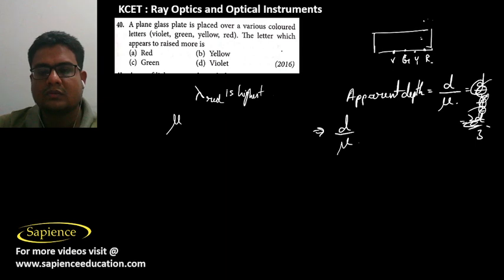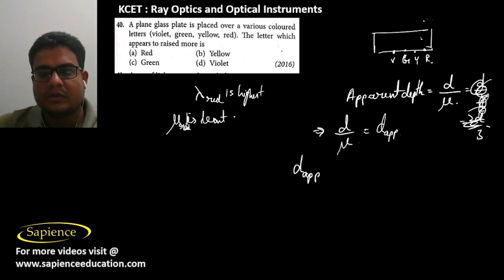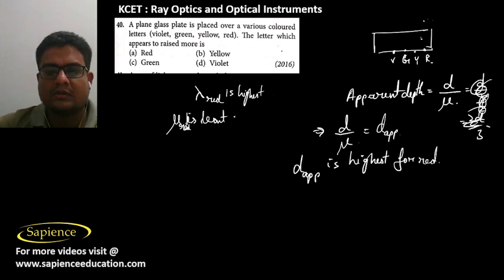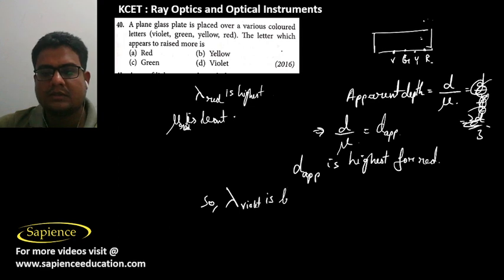So the refractive index for red is the least. So the apparent depth, which is d by mu, is highest for red. Apparent depth is highest for red, and the wavelength of violet is the least.